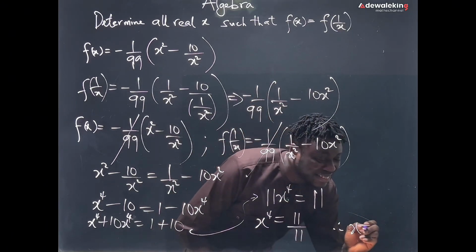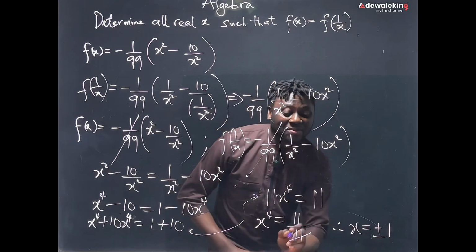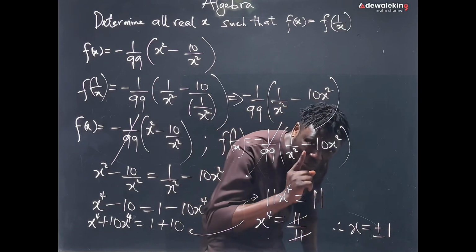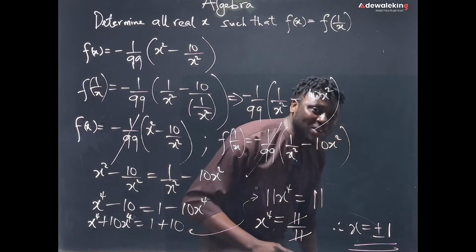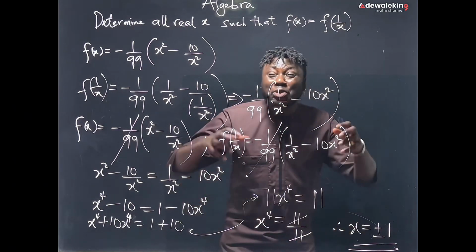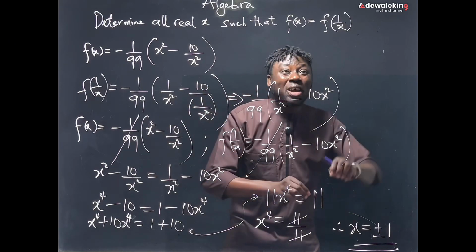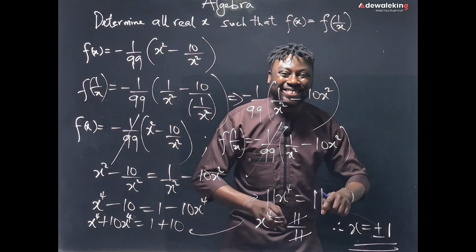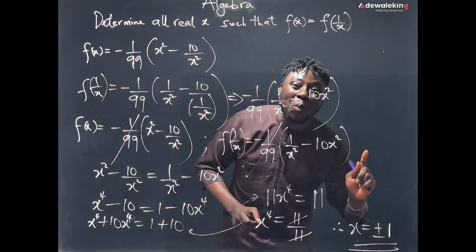Therefore, x is equal to plus or minus 1, because 11 divided by 11 is 1. So for real numbers x such that f of x is equal to f of 1 all over x, the values of x are plus or minus 1.